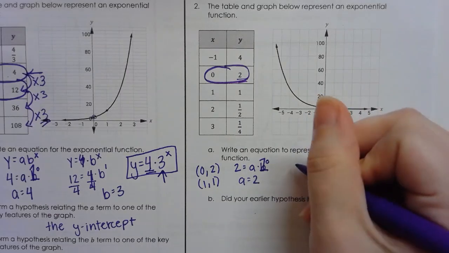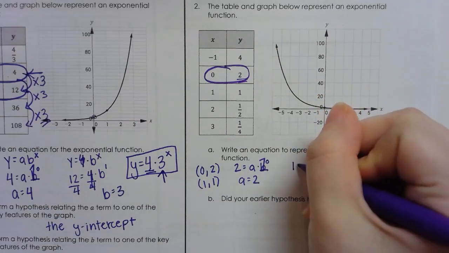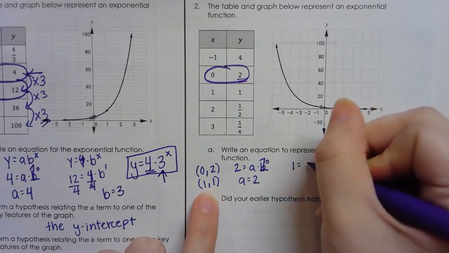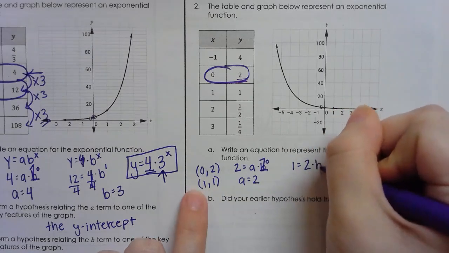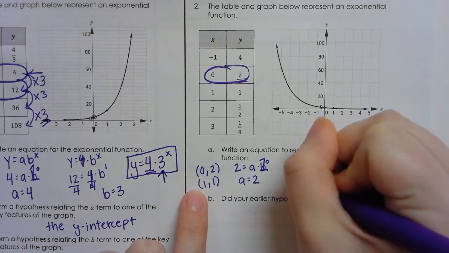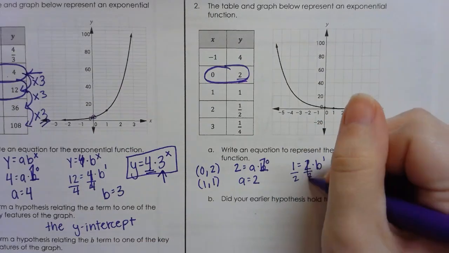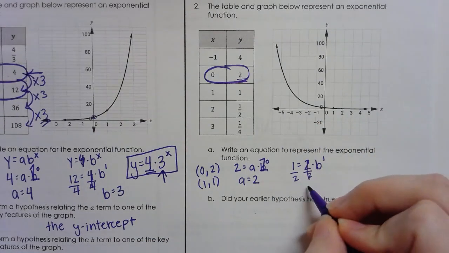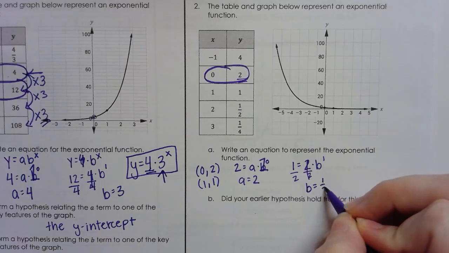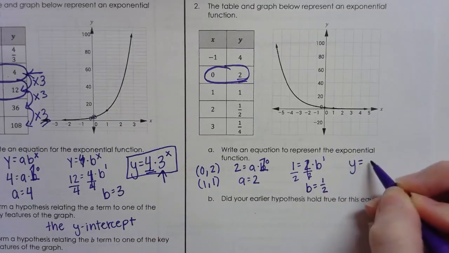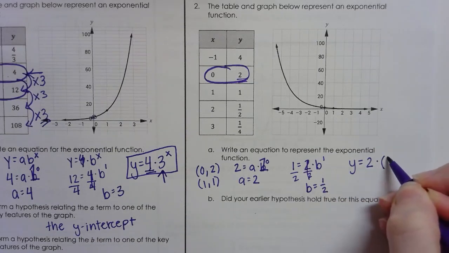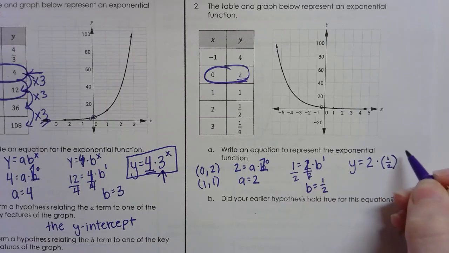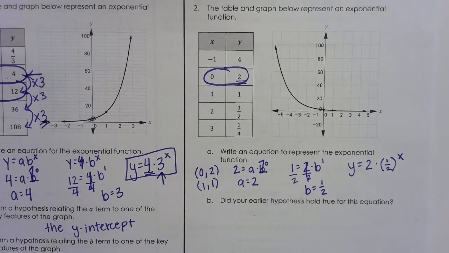And then for b, we know that y equals 2 times b to the first, then we divide by 2. So this time my b is 1/2. So my full equation is y equals 2 times, you can put it in parentheses so we know that it goes together, (1/2) to the x.